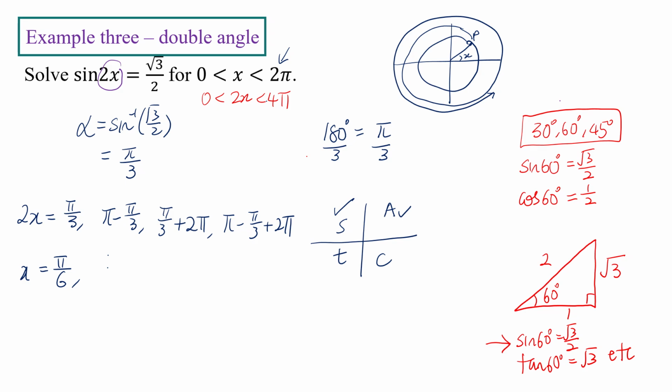One minus 1 over 3, divide by 2, pi over 3, and 1 plus 2 pi, divide by 2, 7 over 6 pi. And finally, 1 minus 1 over 3 plus 2 divided by 2, 4 over 3 pi. All right, so this is how you solve these questions.